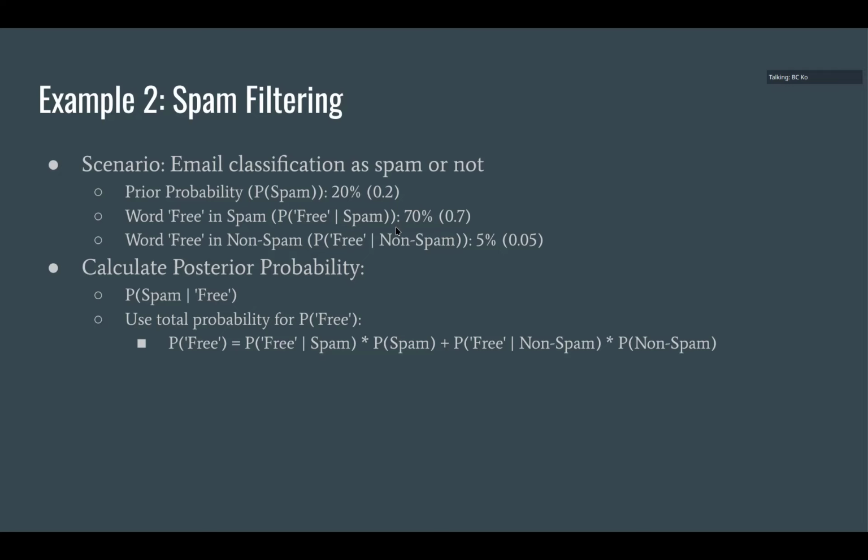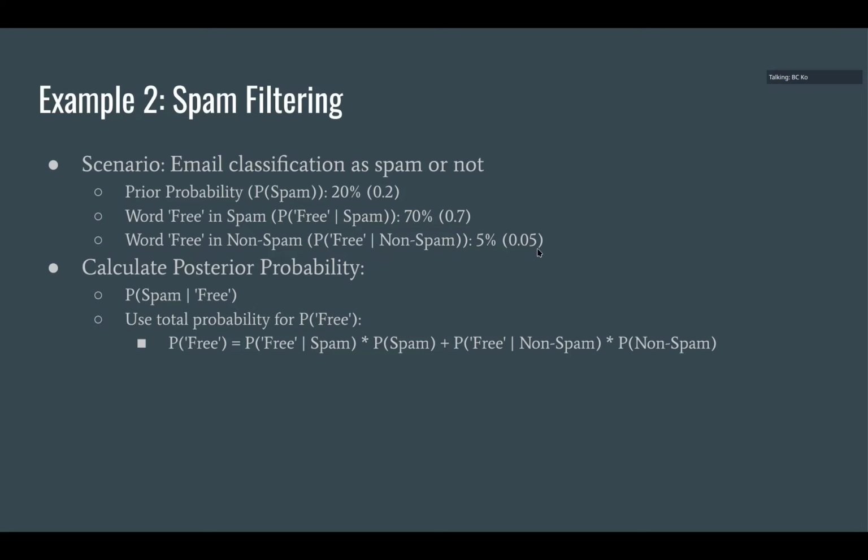So this is the probability that a spam email contains the word free, which is 70% or 0.7. And word free in non-spam, which is the probability of free given non-spam. So this is the probability that a non-spam email contains the word free, which is 5% or 0.05.